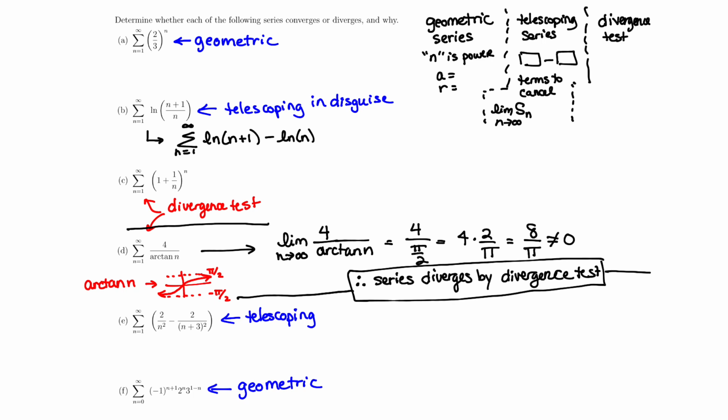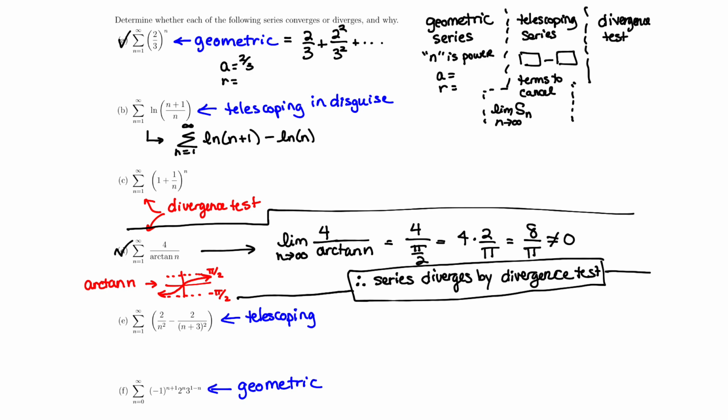And those other ones are tricky. The geometric series, let me see if you guys are doing that geometric series. A is 2/3, R is 2/3.